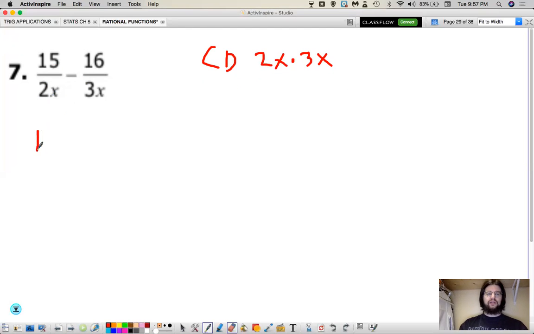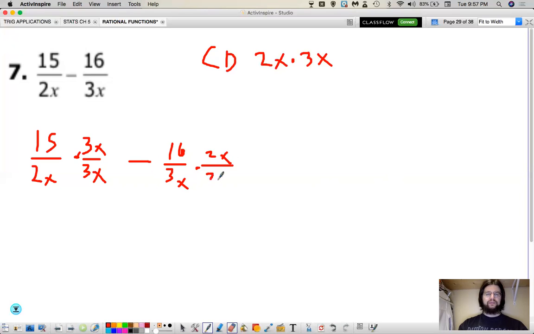So I'm going to do 15 over 2x times, I need this part to have a 3x, right? So I need my numerator to have a 3x. Because what's 3x over 3x? 1. And then for the 16 over 3x, I'll multiply by 2x over 2x. Now again, this is not the least common denominator, so I'm going to have some extra simplifying to do at the end.